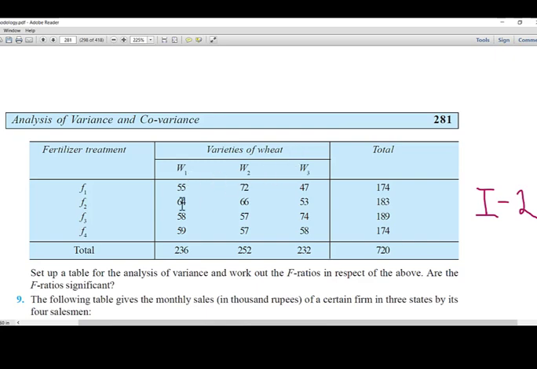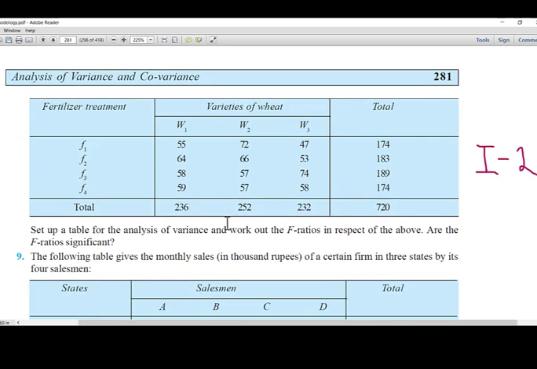So it is a problem of two-way ANOVA, and you can follow that illustration 2 given in this chapter, which I have already explained, and calculate the F ratios, and those F ratios you can compare with the tabulated values of F, and then you can conclude.